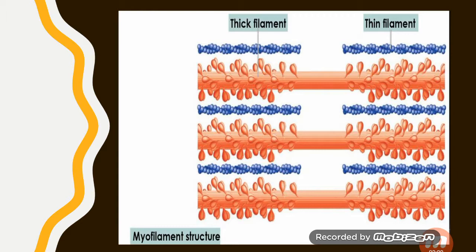Thick filaments are myosin, they are 16 nanometers in diameter and they contain 6 polypeptide chains which are arranged in such a way that it has a tail terminating in two globular heads. Now in the thick filaments of the diagram you can see the globular heads which are emerging out from the thick filaments, and they are showing up like drops.